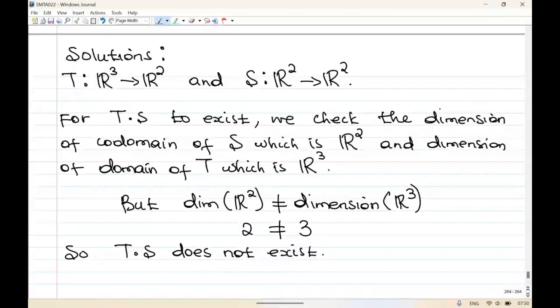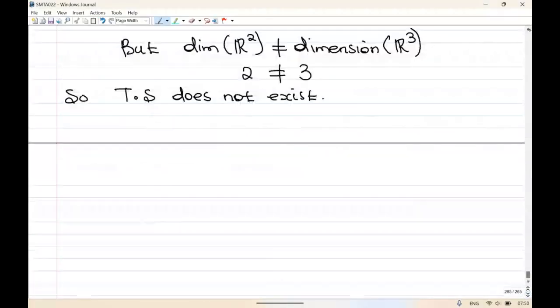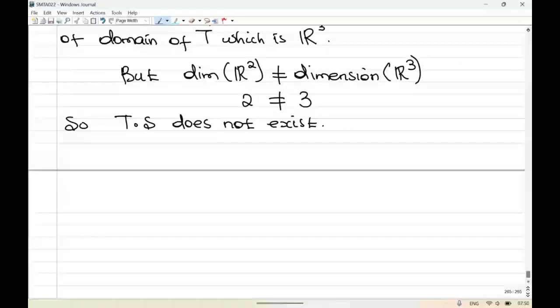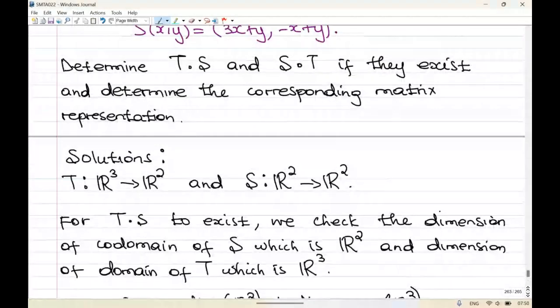Are you there, colleagues? Yes, sir. So TS does not exist, so let's check the other one. Remember the question said determine the TS and ST if they exist.